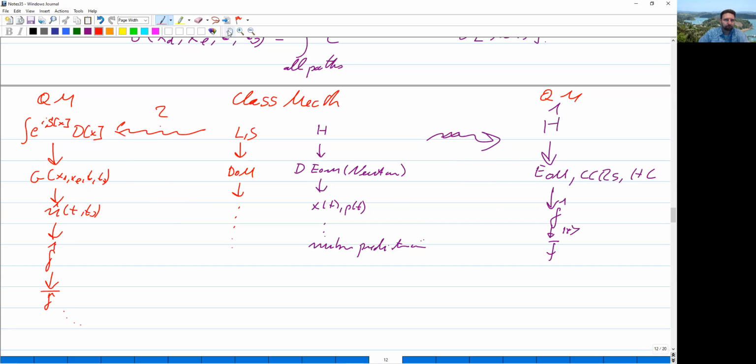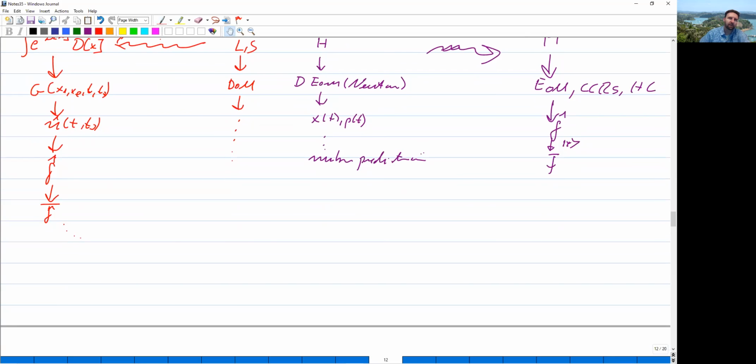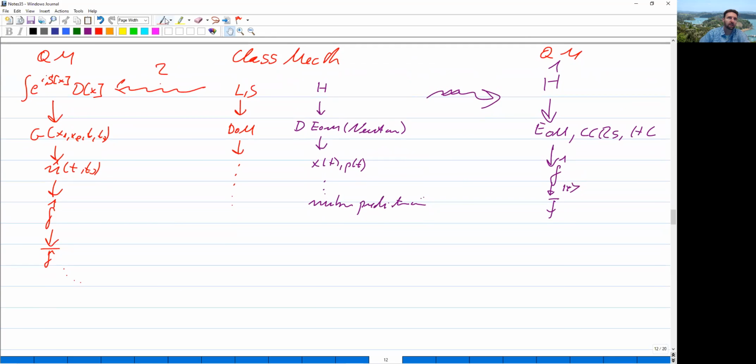Now, remember that in classical mechanics, I hope you've seen this before, we have the action principle. So here, classical mechanics in Lagrangian form. How does it look there?